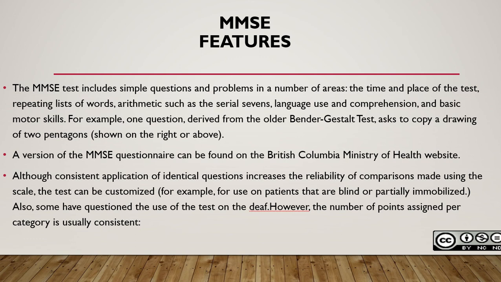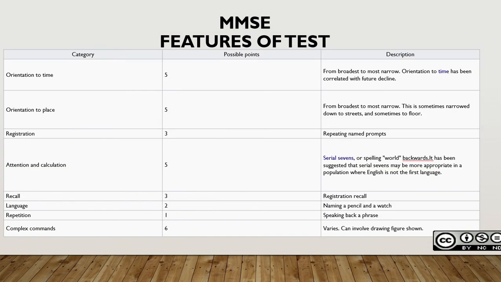If you have a blind patient coming in for the screening, you can customize the wording of the questions according to the blind client or the deaf client. The number of points that are assigned to each category is consistent. The orientation to the time is usually 5 total points. Orientation to place is 5.